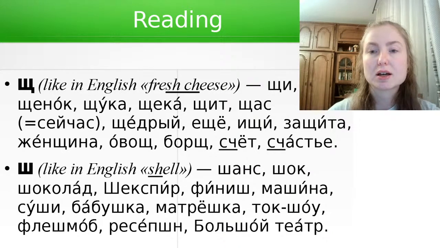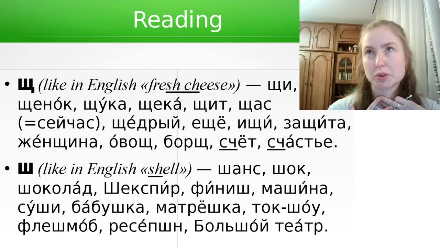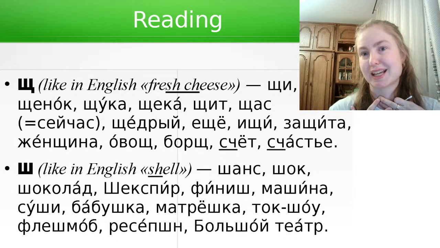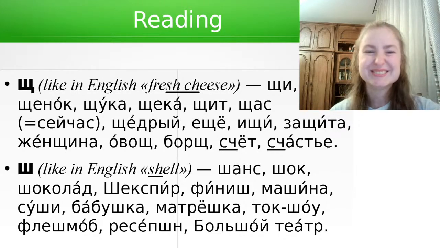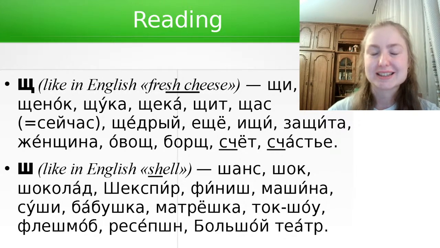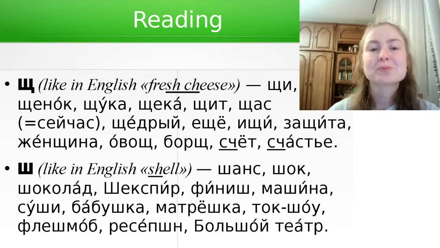Okay, шанс means a chance, шок means a shock. Oh, I'm shocked about these crazy Russian letters like sh and sh. Шоколад means a chocolate. Шекспир means Shakespeare. It's William Shakespeare, famous British playwright. Финиш, finish.